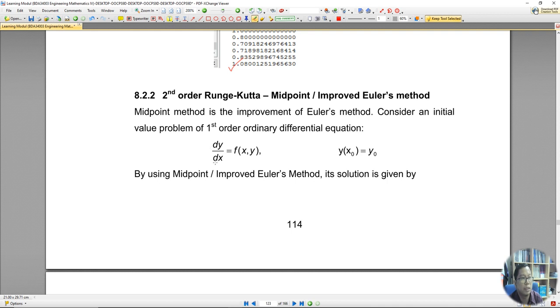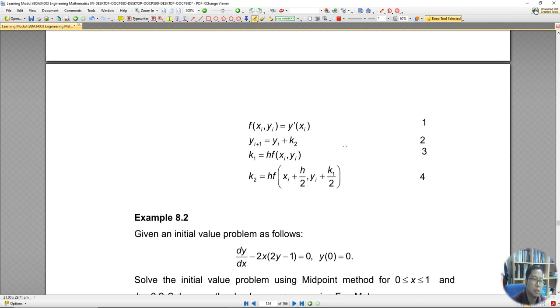We have dy/dx, which we also denote as the function f of x and y, with initial value y0 when x equals 0.